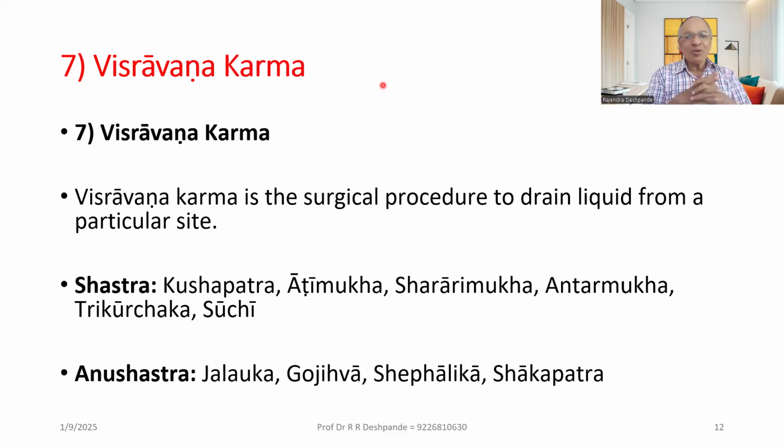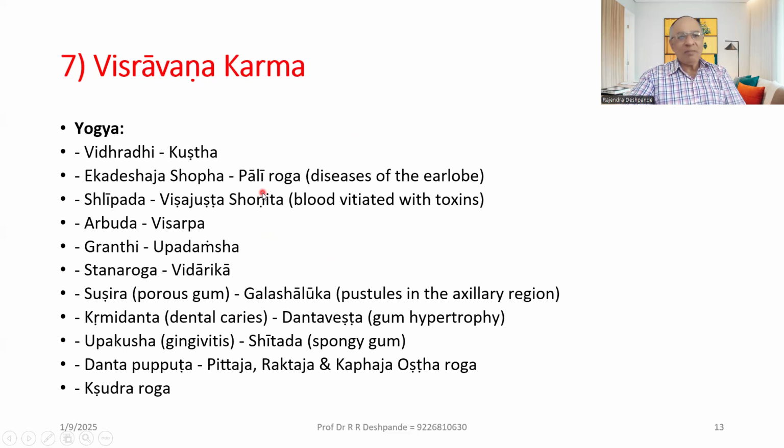In that procedure, we sometimes use leeches, the Nirvisha Jalauka. So Nirvisha Jalauka are used for the Visravana of Dushita Rakta. Then Shefalika and last is Shaka Patra. These are the Anushastra that we use for Visravana Karma. Now, of course, as every time, we have to see in which diseases Visravana Karma can be done.